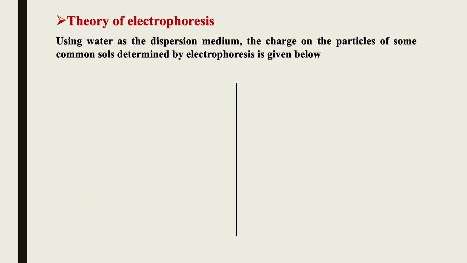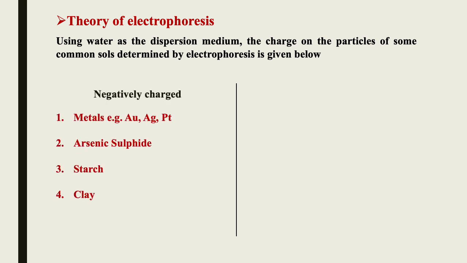Now, using water as the dispersion medium, the charges on the particles of some common sols determined by electrophoresis are given below. So first we will see examples of negatively charged sol particles. The first example is metals, that is gold, silver or platinum.